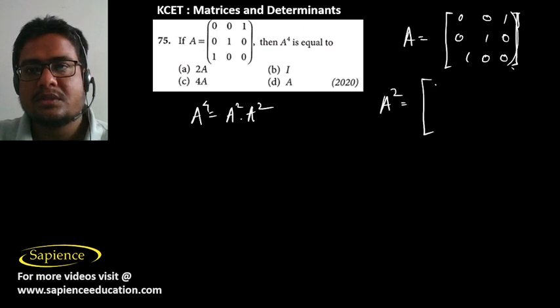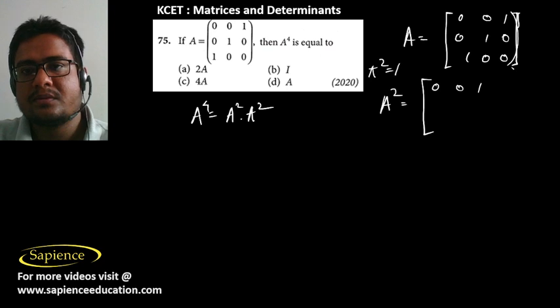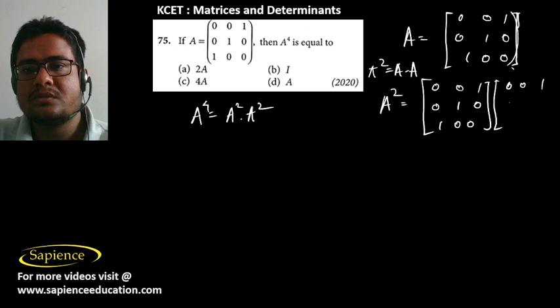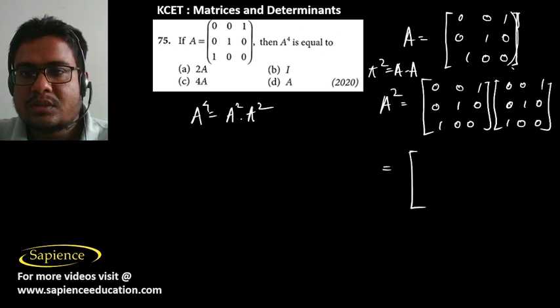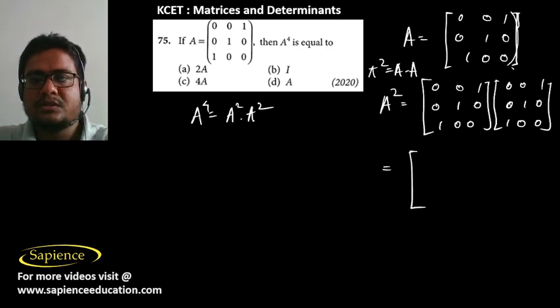A square is A into A, the product of A with itself. We have to multiply the first row with the first column.